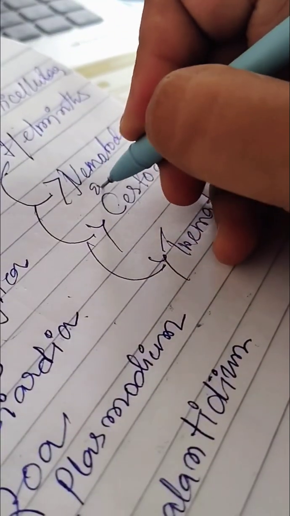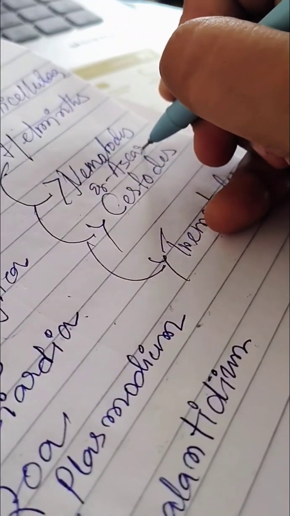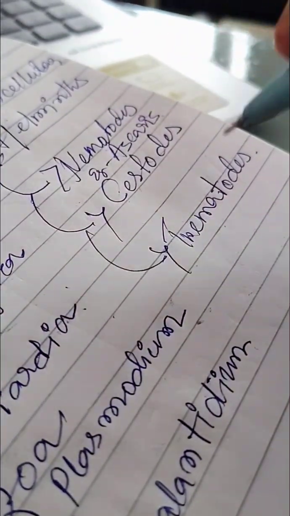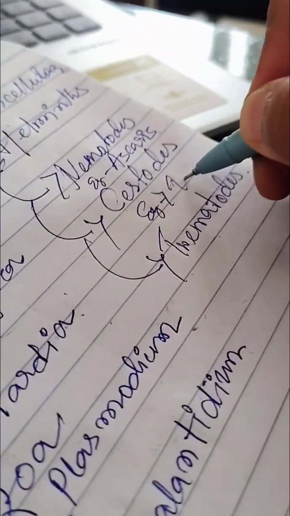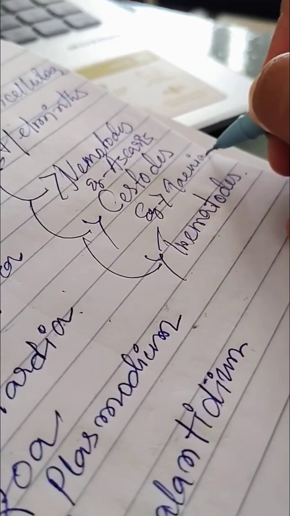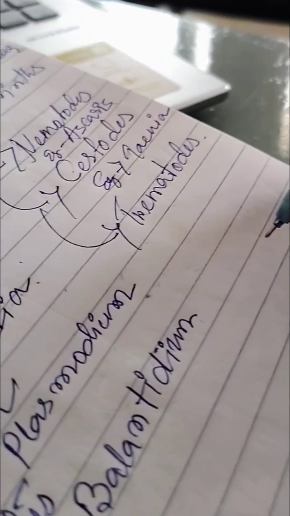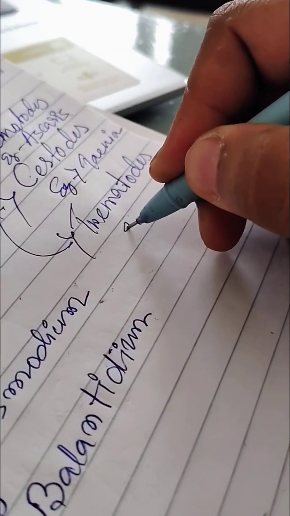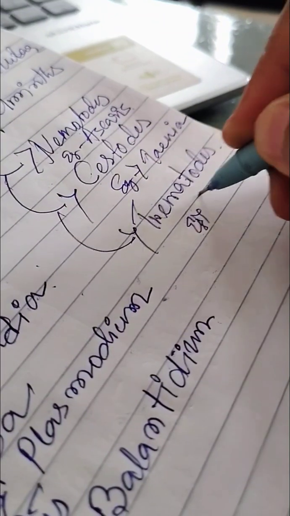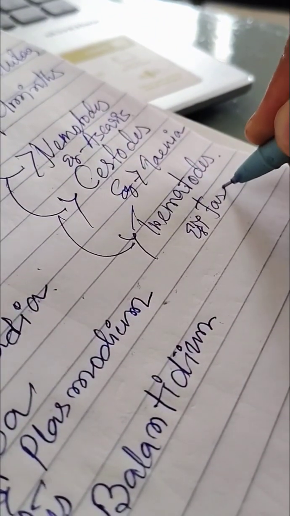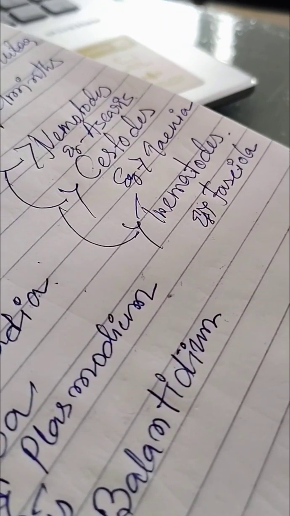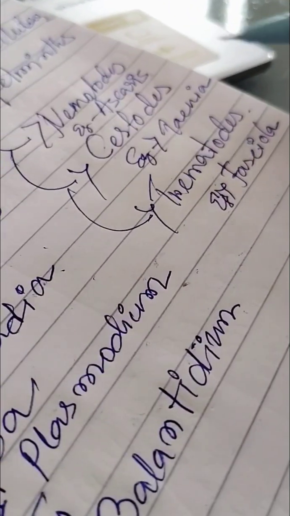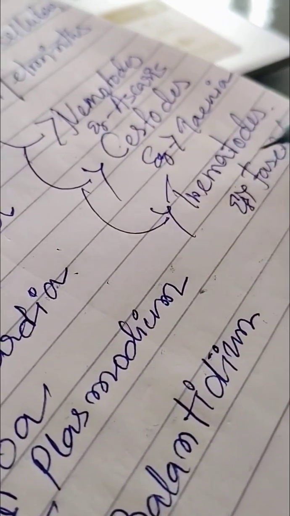Nematode, example, Ascaris lumbricoides. Cestode, example, Taenia solium. And trematodes, example, Fasciola hepatica. In the next part we will explain again one by one.